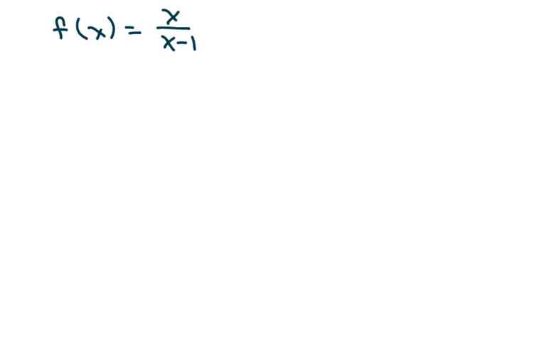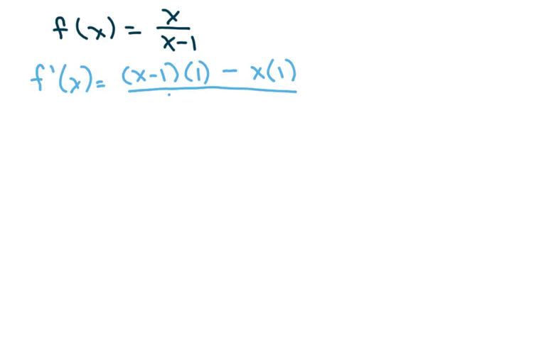Okay, the next one we have is this one. So we're going to have to use the quotient rule on this one. So I'm going to take the first derivative by taking my denominator, multiplying it by the derivative of the numerator, minus my numerator times the derivative of the denominator over my denominator squared.